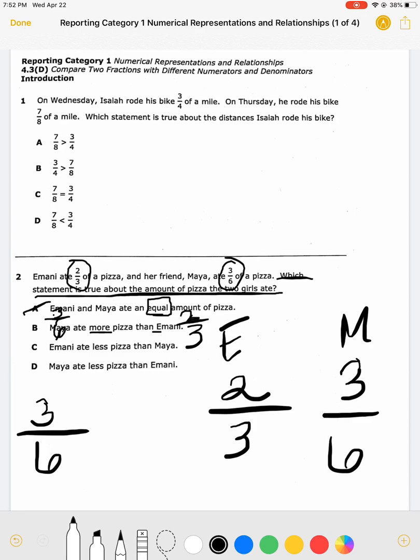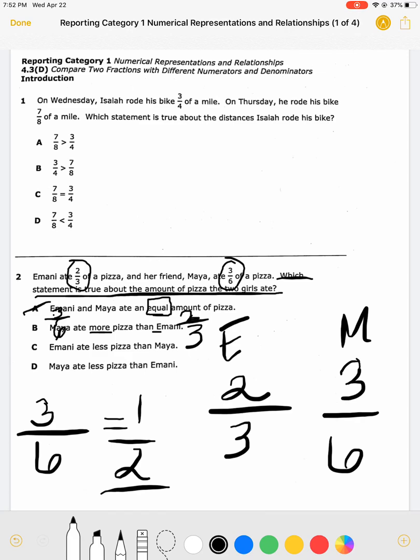What is the relationship between 3, our numerator, and 6? What is the difference between 6 and 3? 3 is exactly half of 6, so this is equal to 1/2. So we're comparing 2/3 to 3/6, or 1/2.